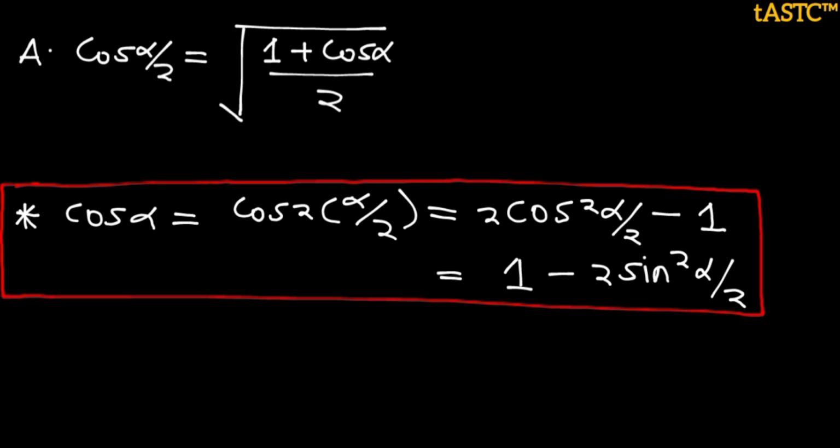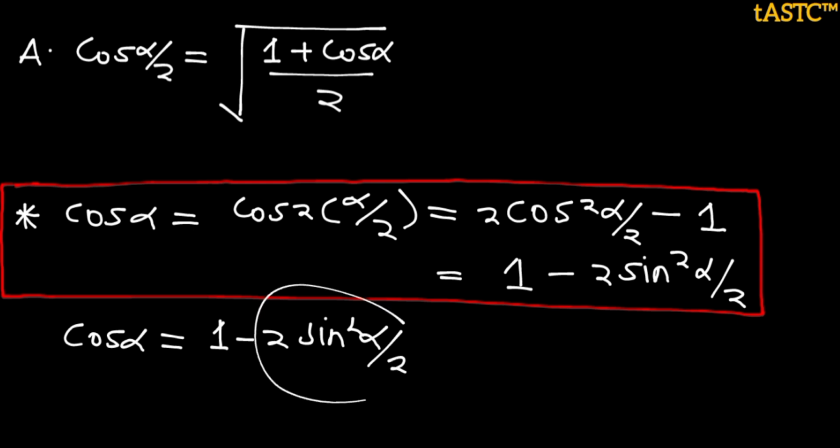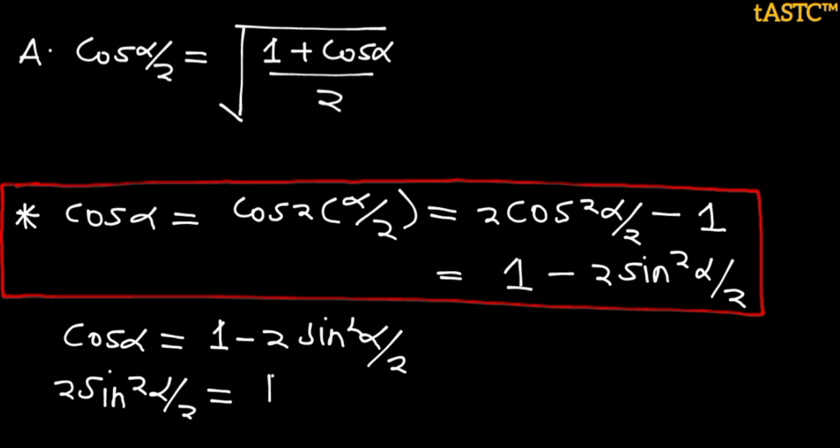Now from there, I could say that cos alpha is equal to 1 minus 2 sine squared alpha divided by 2. As usual, I'm going to take this to the other side. And so I'm going to have 2 sine squared alpha divided by 2, and on this side we're going to have 1 minus cos alpha.